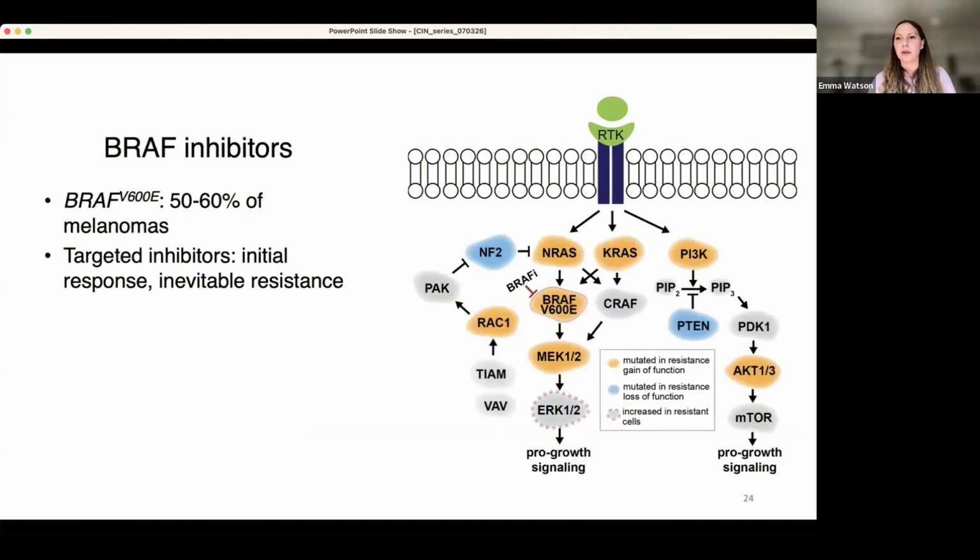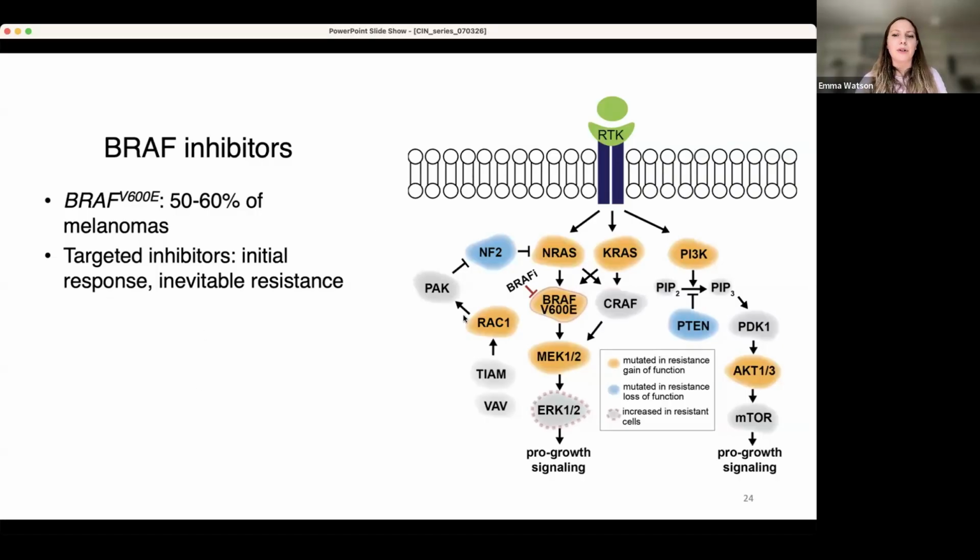So let me back up and tell you a little bit more about BRAF, about the RAS-RAF-MEK-ERK pathway, and about resistance to this drug. So BRAF inhibitors have been used clinically in BRAF mutant melanoma for over a decade now. They have really great initial responses in patients, but then almost every patient will invariably develop resistance to the drug eventually.